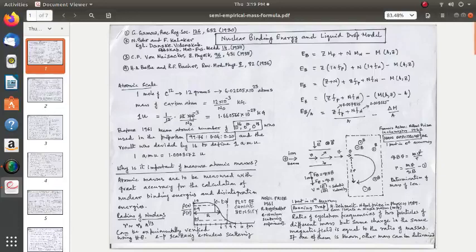Here is the 10 to the power minus 3 and Avogadro number has 10 to the 23, so naturally 10 to the minus 26 here, and then there is a division by 6.02205. So finally we get 10 to the power minus 27 kg for 1 unified atomic unit.